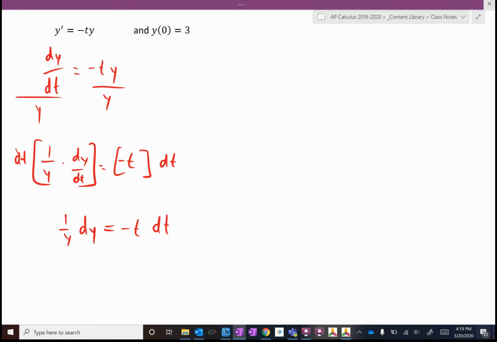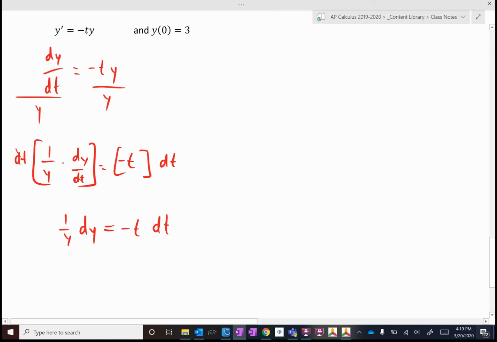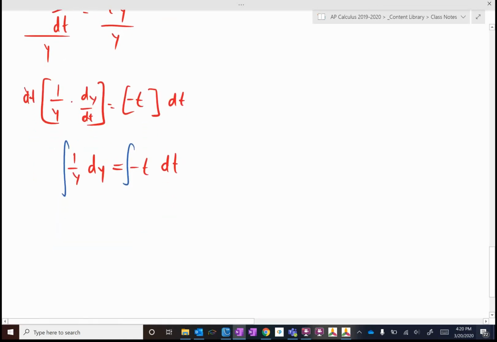What we said is, once we get the variables separated, we want to integrate both sides to undo the derivative. To get the derivative out of our differential equation, we'll integrate both sides and then see what we have and solve for y from there. So we want the integral of 1 over y.